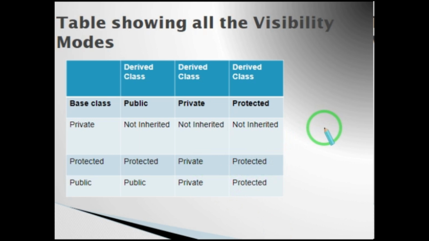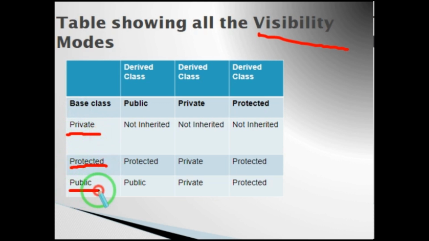See carefully, dear student. Suppose you have a base class and a derived class. We are going to learn the visibility mode in inheritance. Suppose in your base class you have a private data member, a protected data member and a public data member, and this is the access or visibility mode in the inheritance syntax.